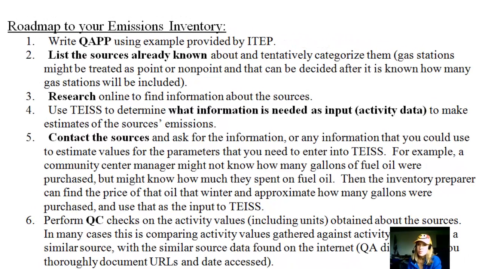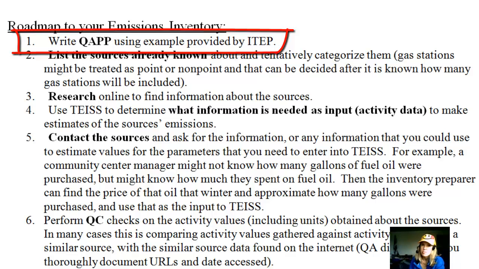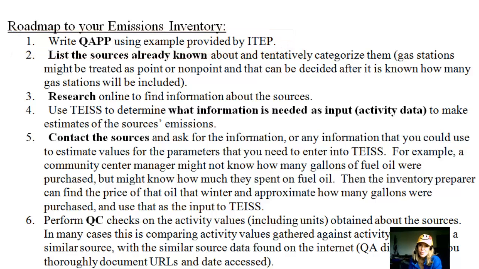Now, before we get into definitions, I'd like to give you a little roadmap towards your emissions inventory. First, write the QAPP, and that gets it out of the way, and it really helps you, especially if you use our example QAPP. It helps give you a feeling for how your project is going to go and where some of the sticky parts are going to be.